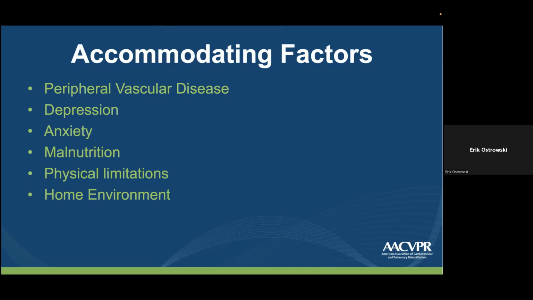We need to be having discussions with a patient about their home environment much sooner than before they complete our program, so that they are well prepared to exercise at home or outside of our facility.